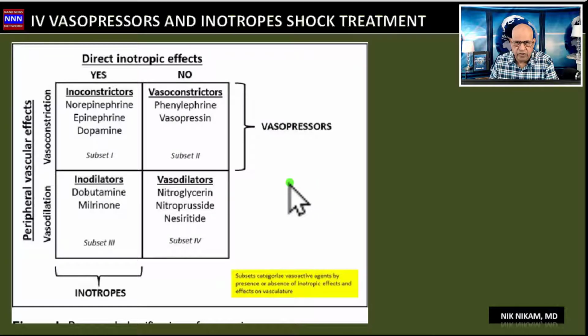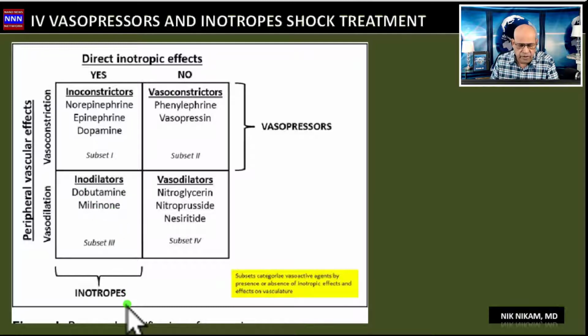There are a number of drugs that are available which work on the contractility of the heart, which work on increasing the vascular resistance, and also there are drugs which improve myocardial function. First of all, we have to determine what kind of an effect we want to get. If we are trying to improve the myocardial contractility and maintain some vasodilatation, then we have a choice of dobutamine or milrinone.